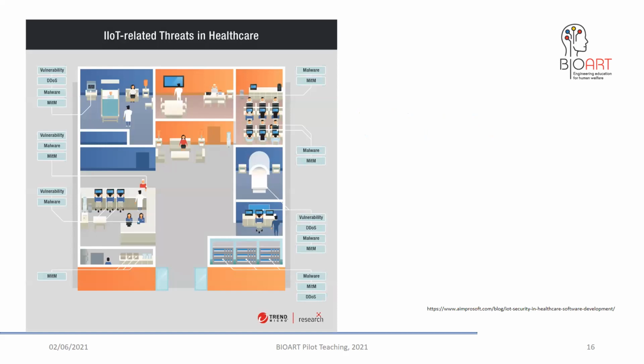As you can see from the picture, I hope you could see that at different levels, from the device level to the mid-level and application level, there are a lot of threats which meet our IoT related systems in healthcare.